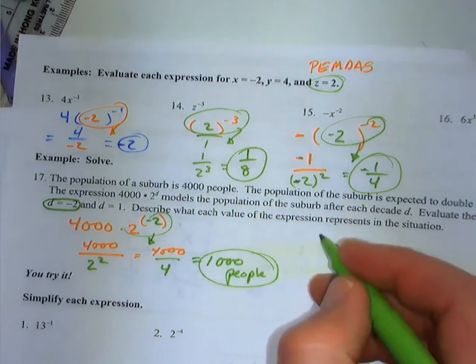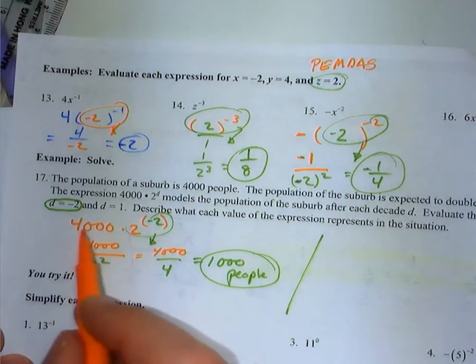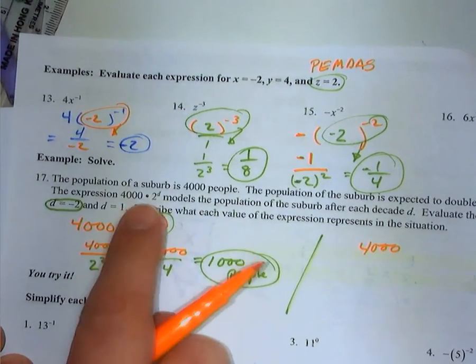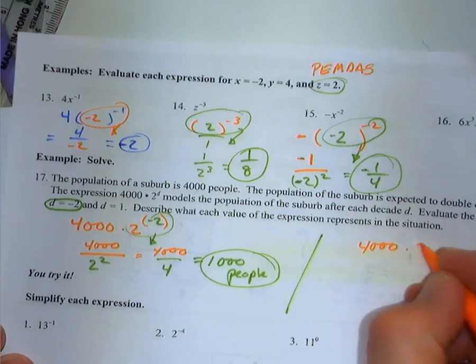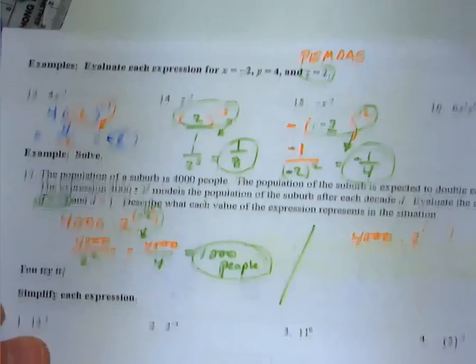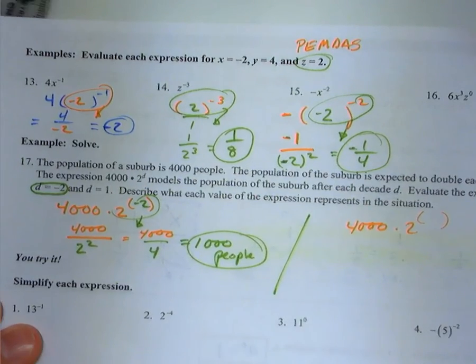So if I do the other one, I'll do this one in blue and orange here. I'm going to use that same formula. So I've got 4,000 and then times 2 to the d, where d is again decade. And I want to see what happens after 1 decade. So I'm going to do d equals 1 here.